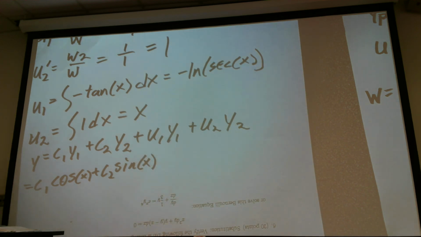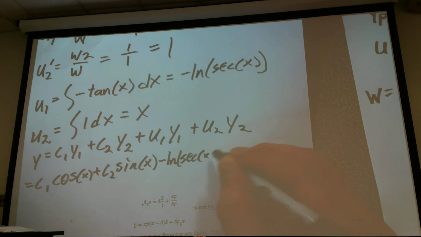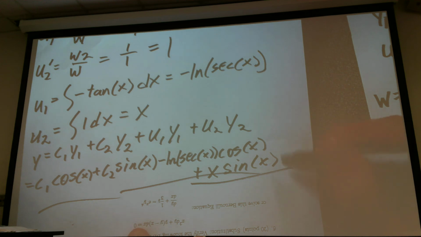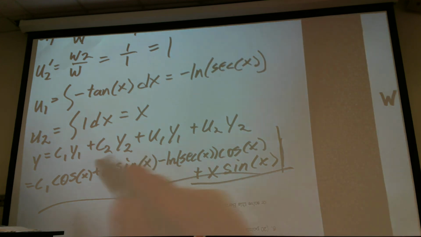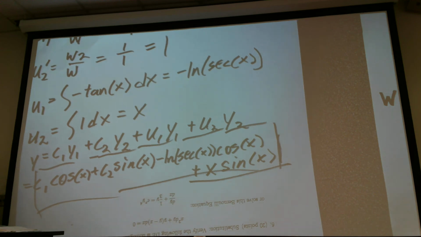And then u1 is right up there, so that's minus the natural log of secant of x times cosine of x. I'm going to run out of room, so I'm just going to write this plus u2, which is x, and then y2 is sine of x. That thing right there is the ultimate solution to our problem.